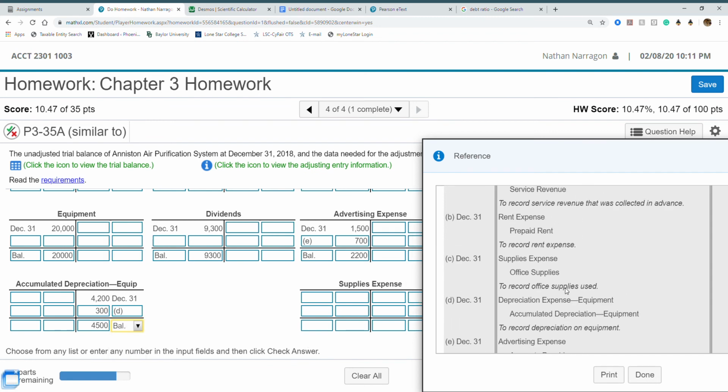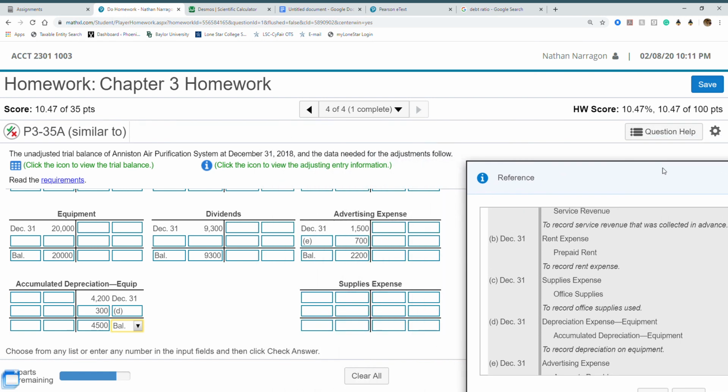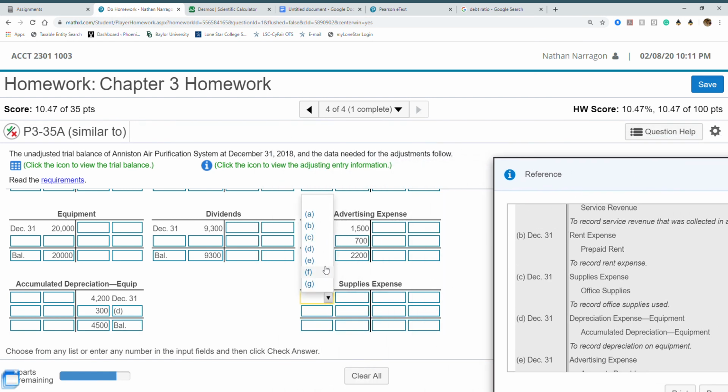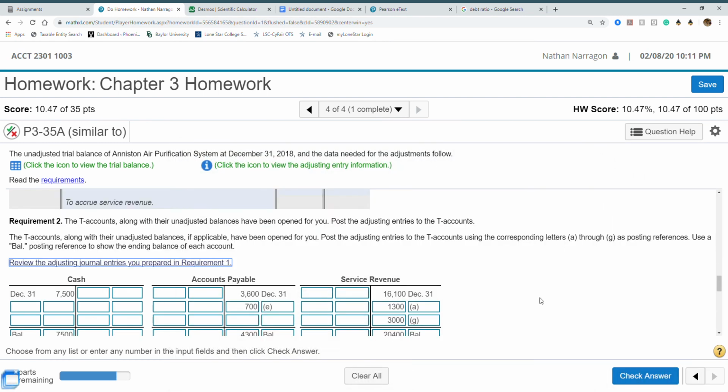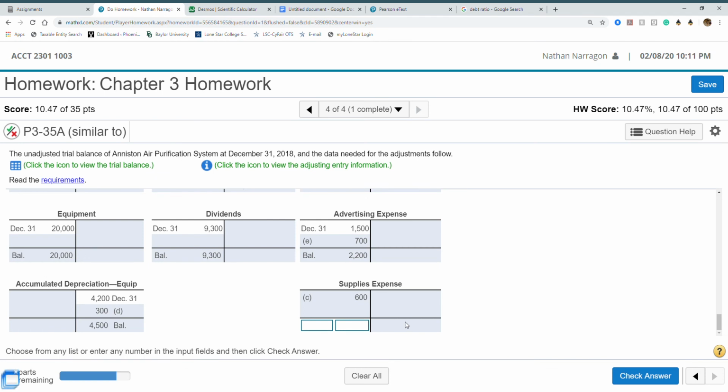And then finish off with supplies expense, which supplies on C was again 600. Whew. That's really all we're doing is posting them. Oh, I forgot to put the balance here. Went so fast. Forgot to do that.